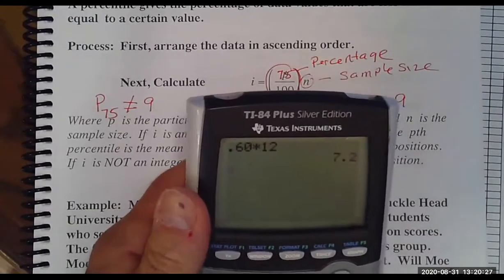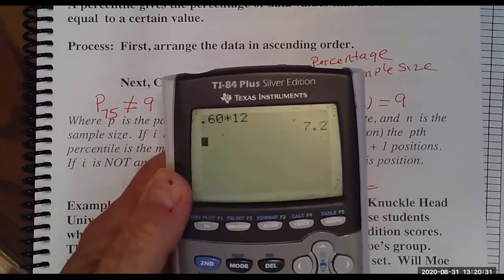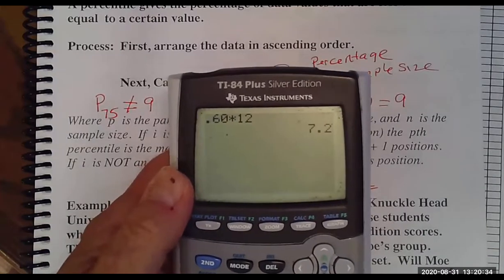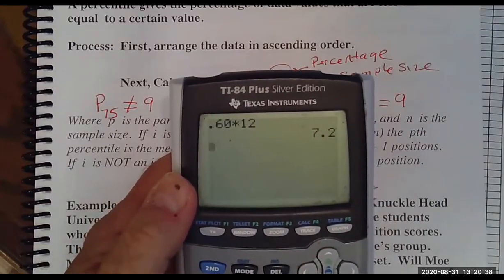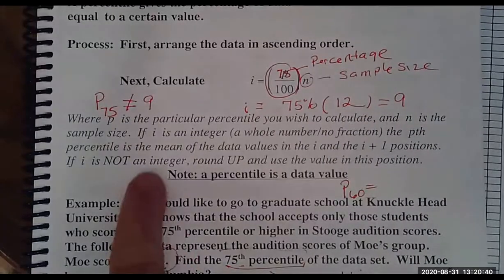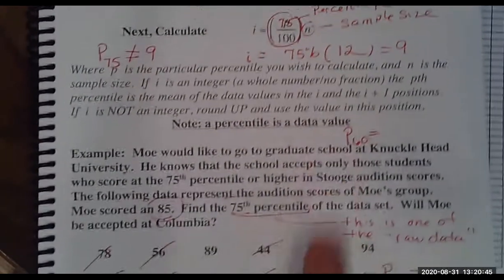Jeff, hold it. Wouldn't I round down? No, the rule is round up. Forget the rounding rules in general. Just make it the next one up. The number 8, the 8th position number. The 8th value, the 8th number.